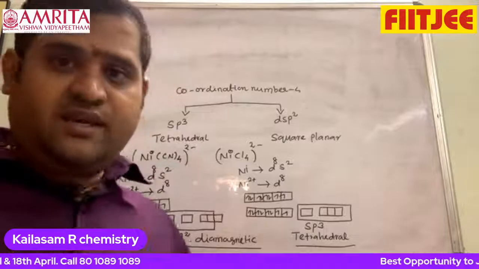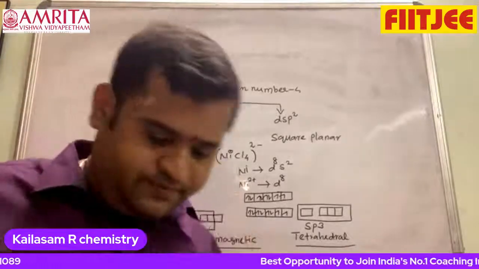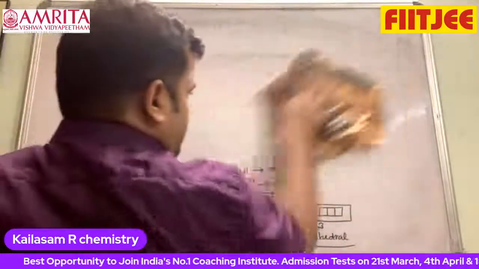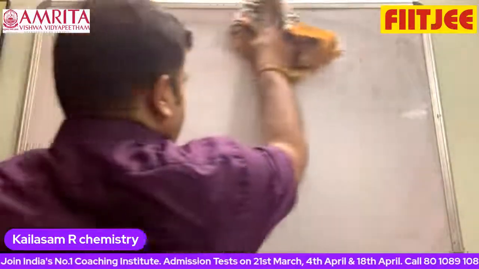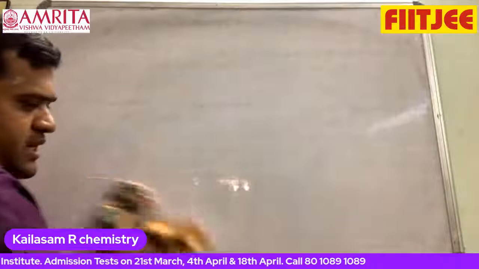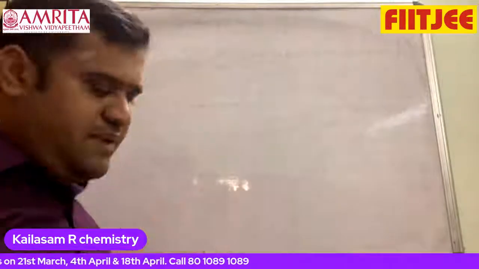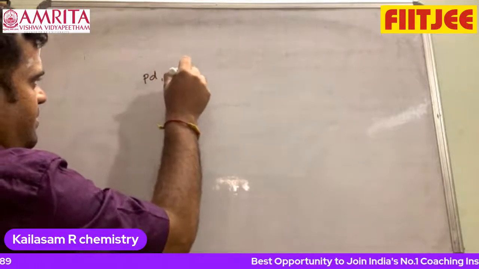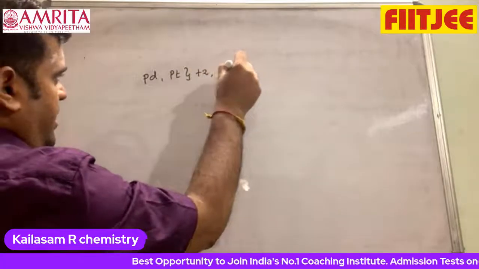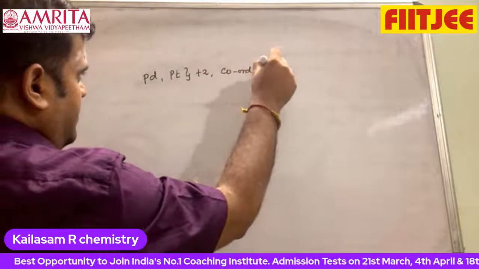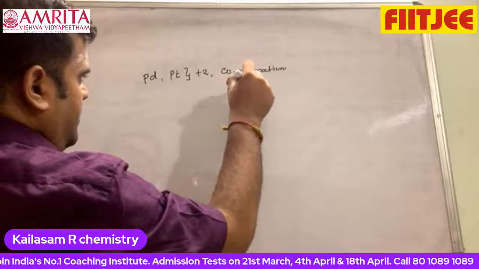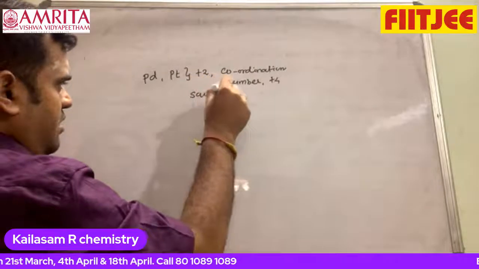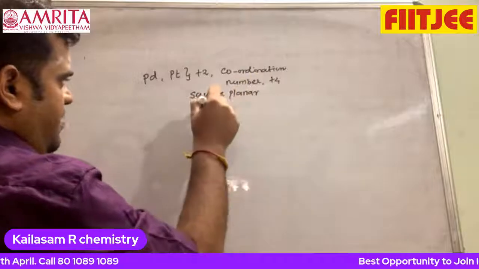And one more very interesting case. Please keep it in your mind. Now, in the case of palladium and platinum, please keep it in your mind: palladium and platinum in the +2 oxidation state, if the coordination number is 4, always form square planar diamagnetic complex.